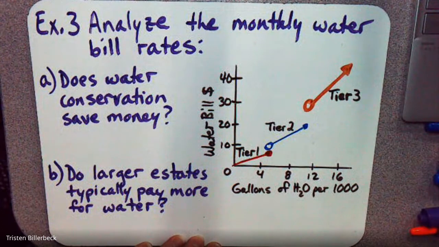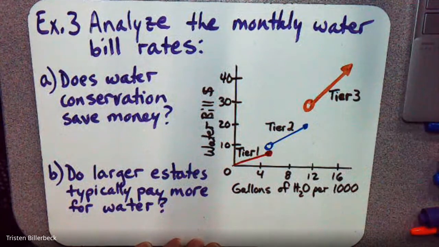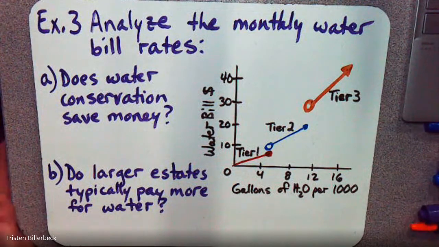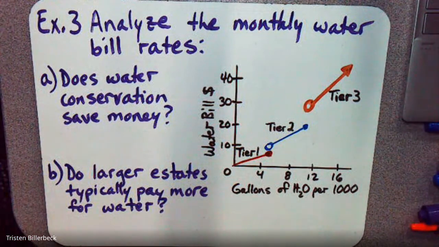So there's a lot of water use at big estates. So they get put into a bigger tier. So if you can afford a bigger estate, they feel you can afford a bigger water bill. So that's one way they get a little bit more money. And they make it a little easier on the people who don't have a lot of money to keep their houses.